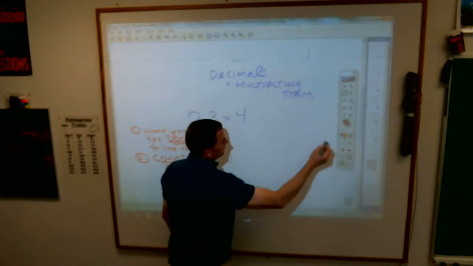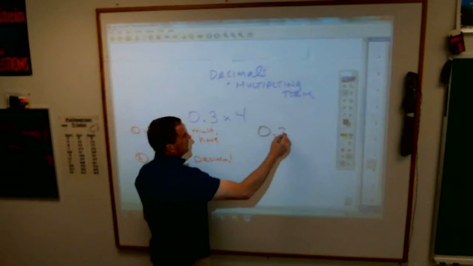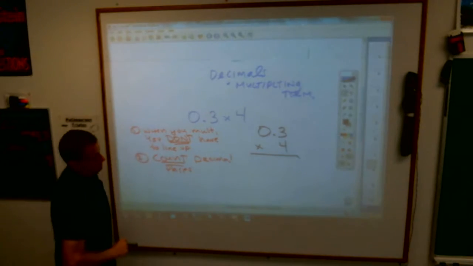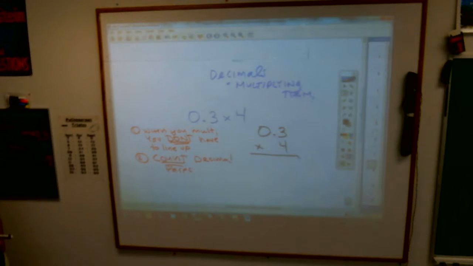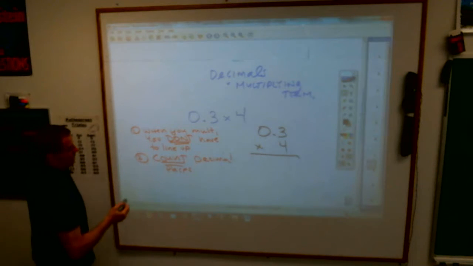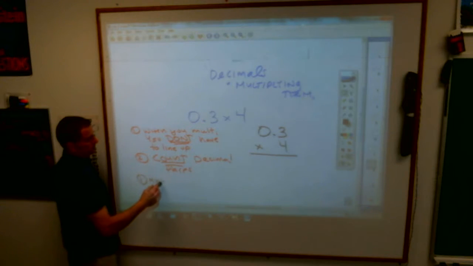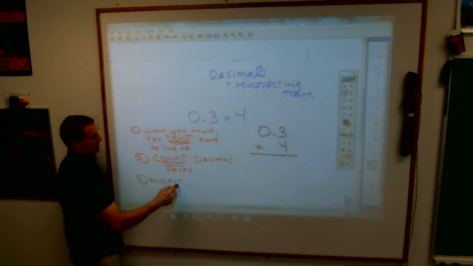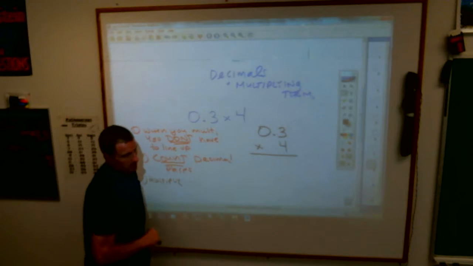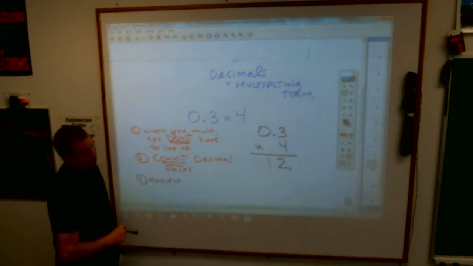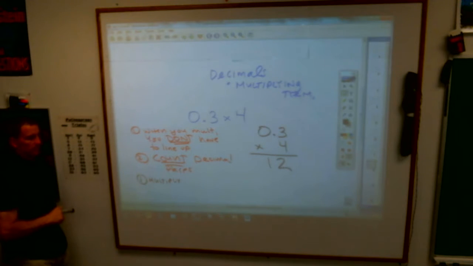What do I get if I multiply 0.3 times 4? Well, first things first, multiply like usual. 3 times 4 doesn't change. What is 4 times 3? 12. Okay, not my answer yet, but that's the digits in my answer.